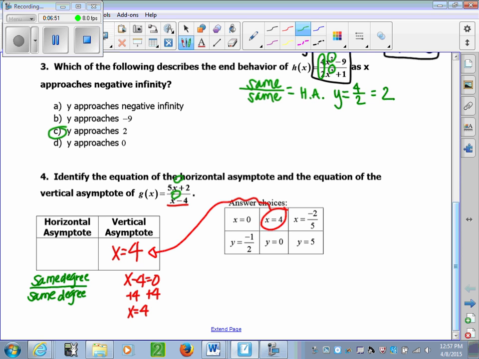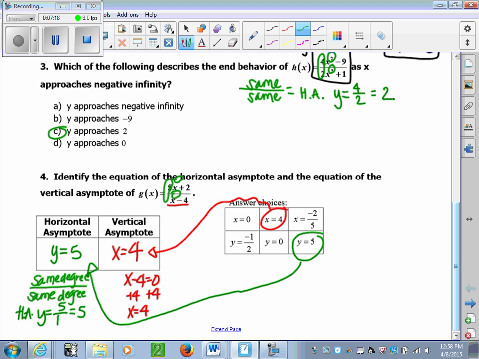Okay, same degree over same degree, so my horizontal asymptote is y equals my leading coefficient divided by my leading coefficient. Well, my leading coefficient here is 5 divided by 1. So I have 5 over 1, so my horizontal asymptote is y equals 5. So I would just grab the y equals 5 here on the SOL and drag it and drop it in this box right here.